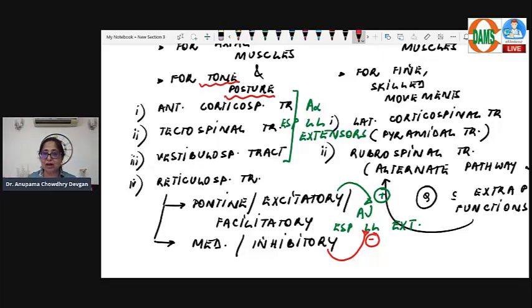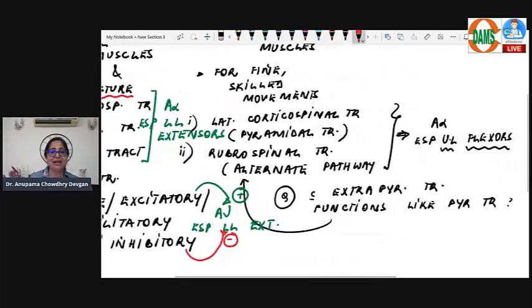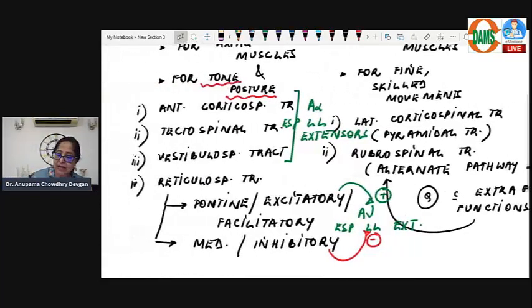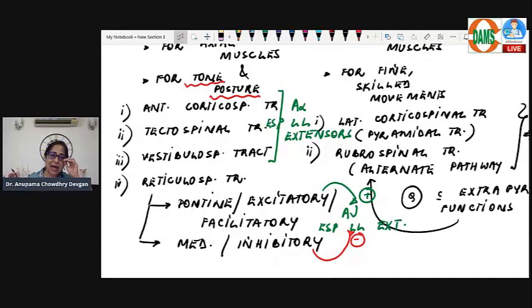Please be very careful. Which are these tracts and which neurons do they supply? The lateral descending tracts are lateral corticospinal and rubrospinal. They supply the A alpha, especially of the upper limb flexors. The medial descending tracts, anterior corticospinal, tectospinal, and vestibulospinal tract, are for A alpha, especially of the lower limb extensors.